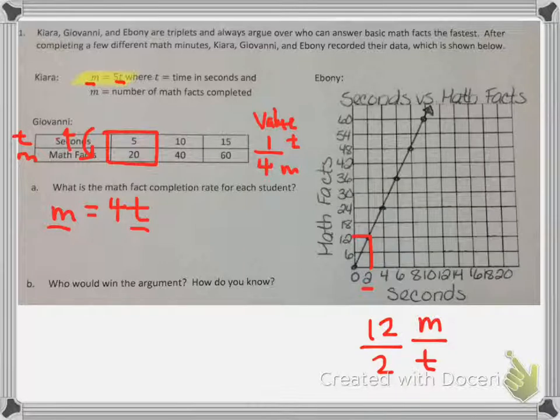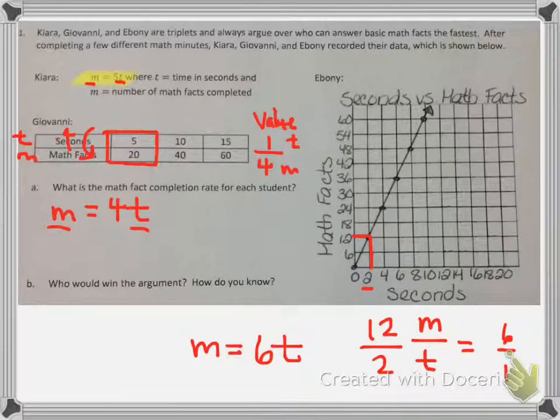And then I remember that the value is the ratio written as a fraction and reduced. So this is equal to 6/1, which is just 6. So my equation is math facts are equal to 6 times the number of seconds. And that fits my information for Ebony.